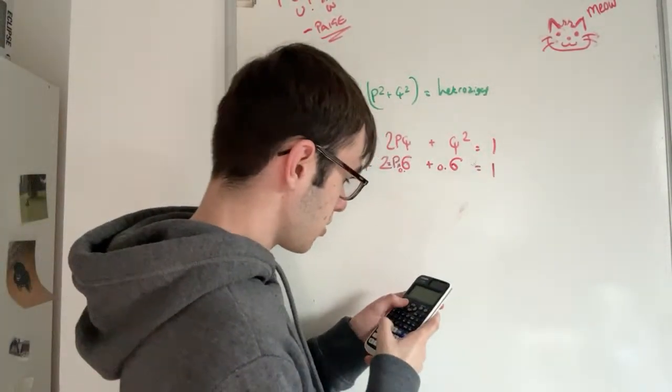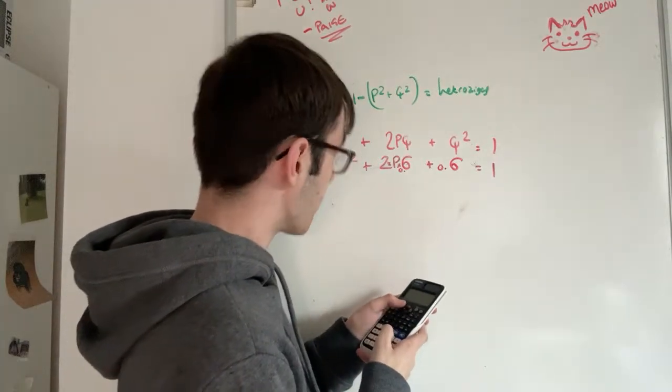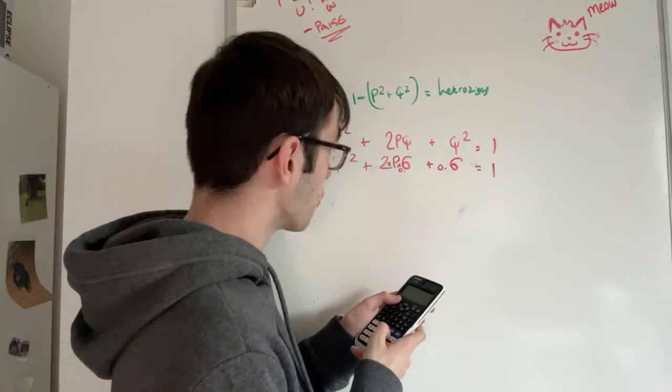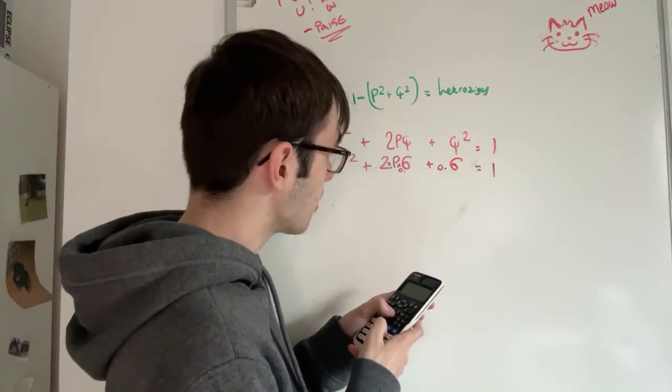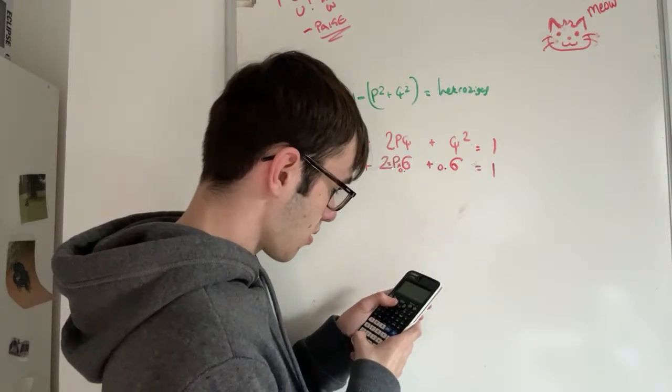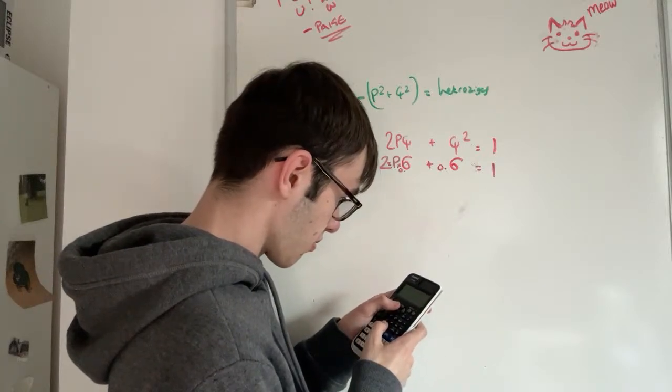So let's just put d squared on the calculator, plus 2 times d times 0.6 plus 0.6.